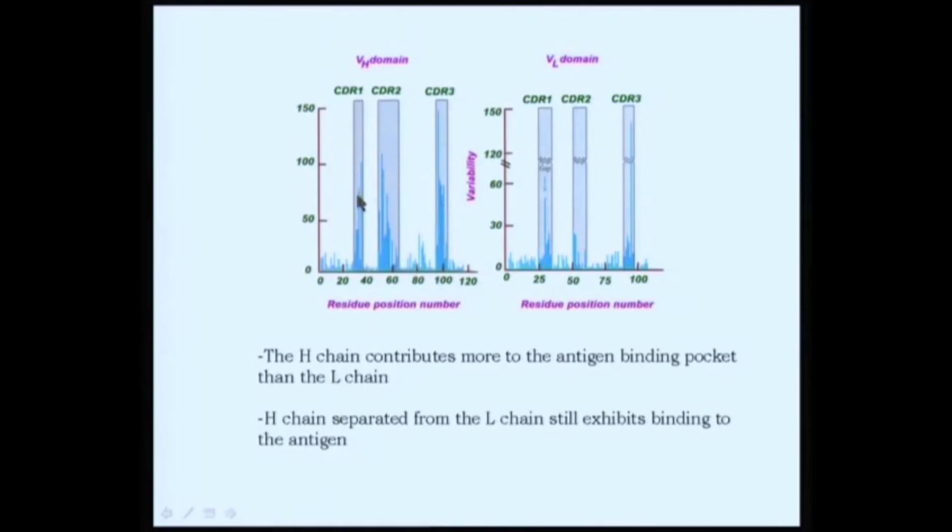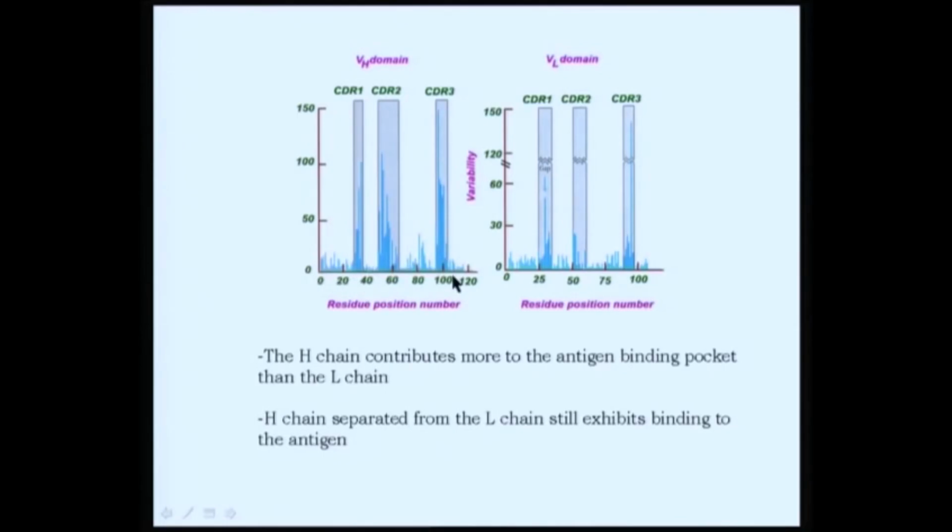These varied tremendously in all the myeloma proteins. These three regions are flanked by more or less constant domain. Of course, there is a region here which is more variable than the others.